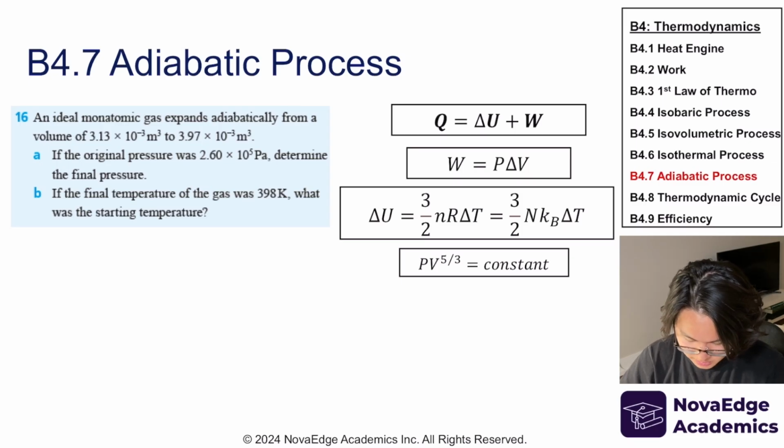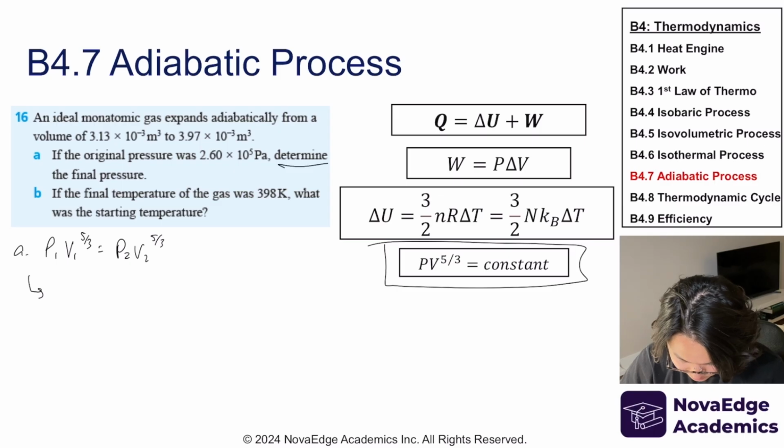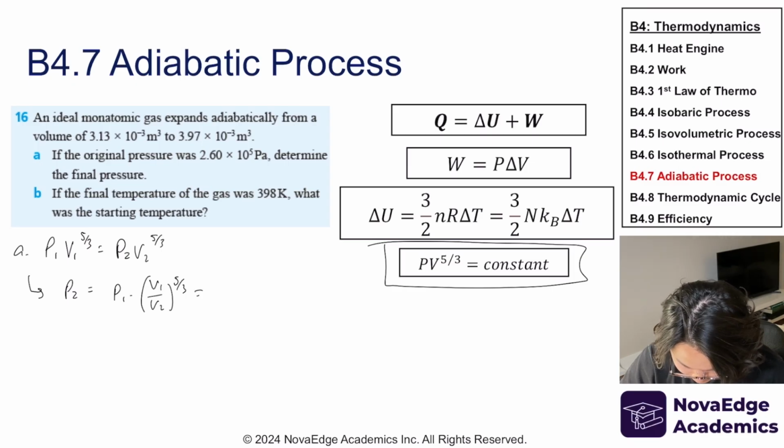Okay, so we know it's an adiabatic process, which means this correlation stands. So P1 times V1 to the 5/3 is equal to P2 times V2 to the 5/3. Rearrange this. I want to isolate the final pressure, which is P2. So P2 is equal to P1 times V1 over V2 to the 5/3. Plug the values in.